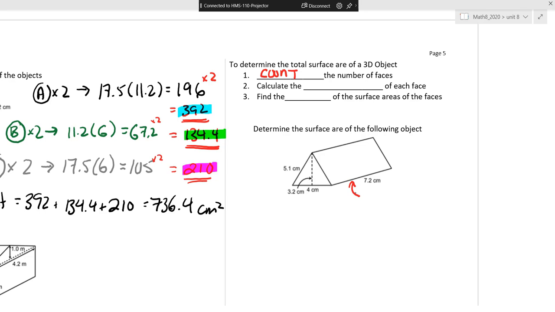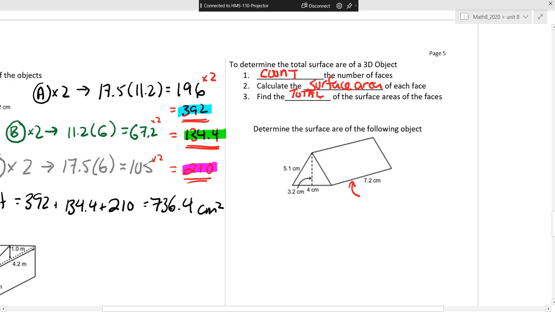So once you figure out how many sides there are, how many faces there are, we calculate the surface area of each of those sides, faces. Then we simply add them up to find the total. Okay?